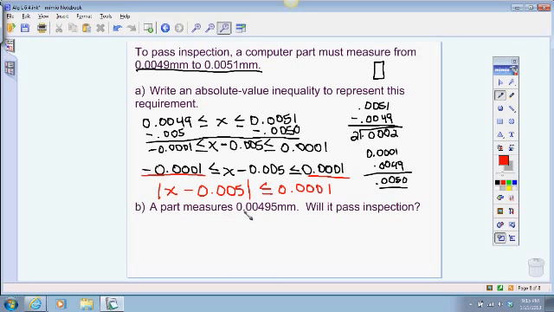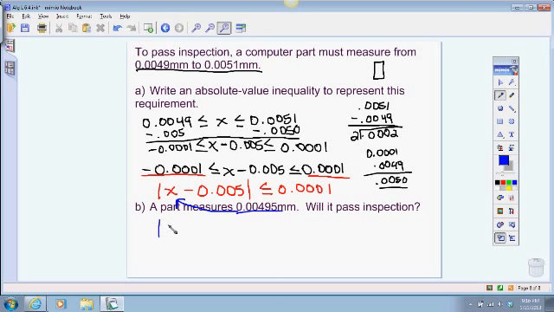A part measures 0.00495 millimeters. Will it pass inspection? Maybe you can look at this and see whether it lies within the range or not, but sometimes it's hard to see when we're talking about very, very small numbers. What we can do is plug this number in for x.